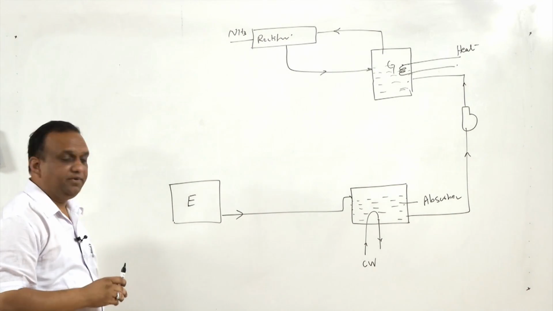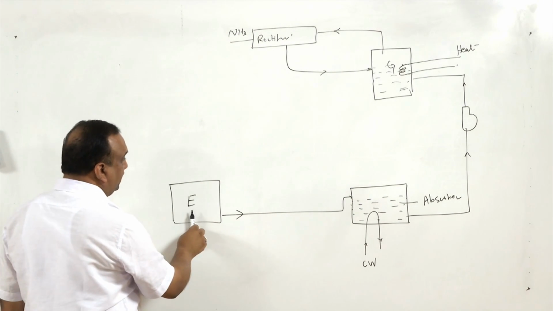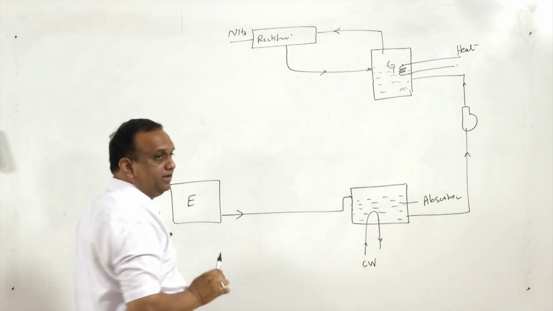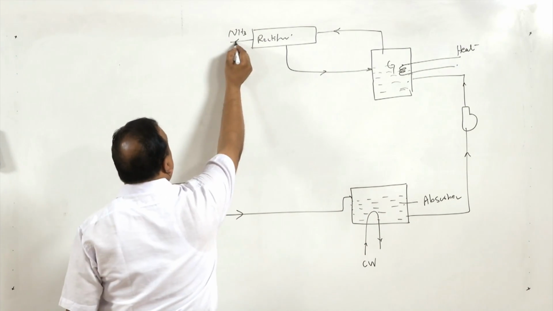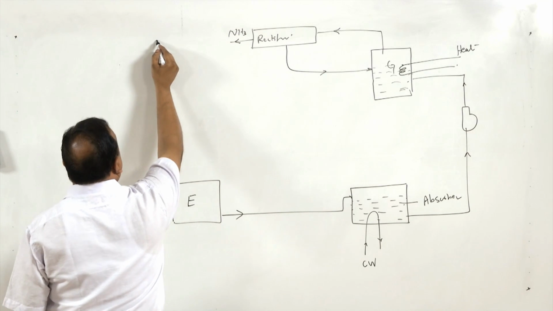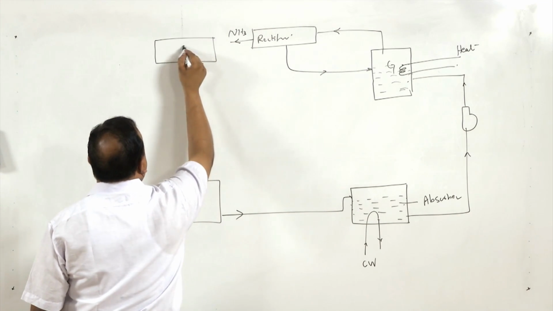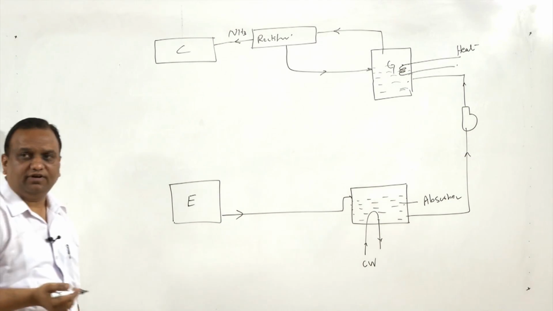So, I am repeating the process. This is the evaporator, absorber, generator. Now, we have come to the rectifier. After the rectifier, the ammonia goes to the condenser, and condensation takes place.